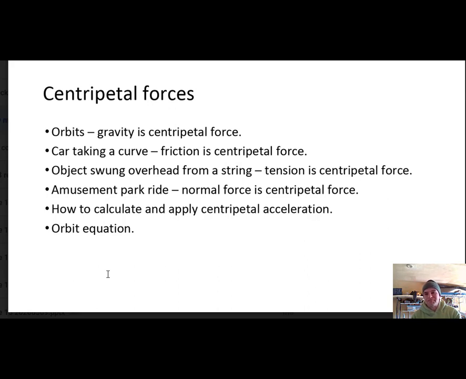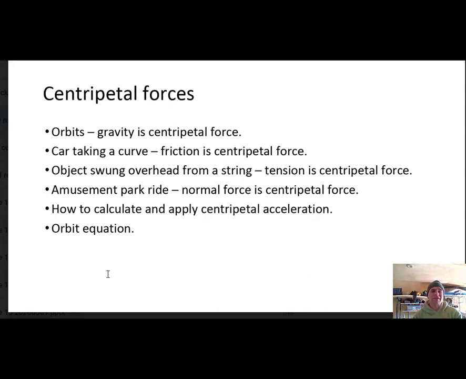So you can apply that in F equals ma. F could be the centripetal force, and a would be the centripetal acceleration. So you can still apply F net equals ma, even if the object is moving in a circular path, in which case F net will be the centripetal force.